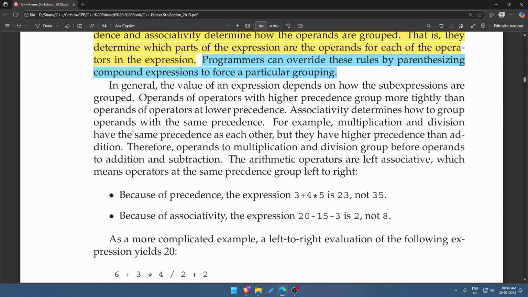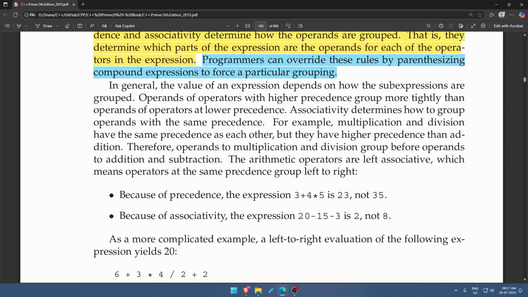In general, the value of an expression depends on how the sub-expressions are grouped.